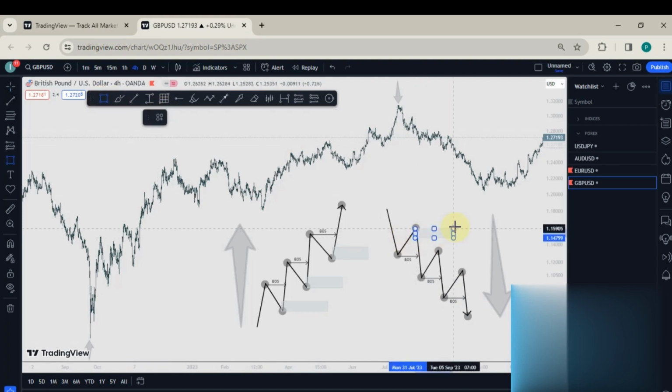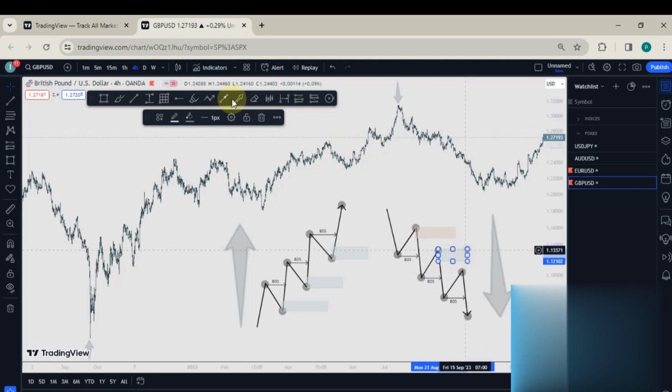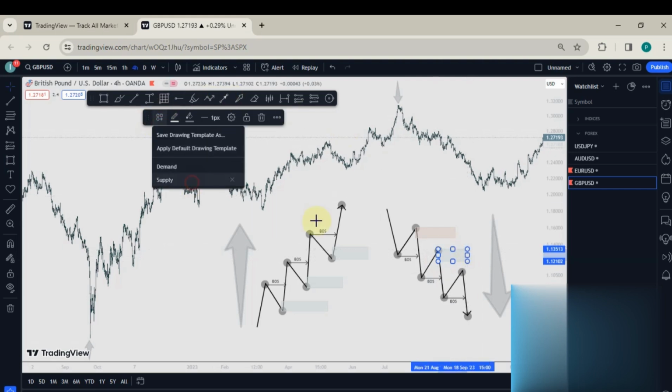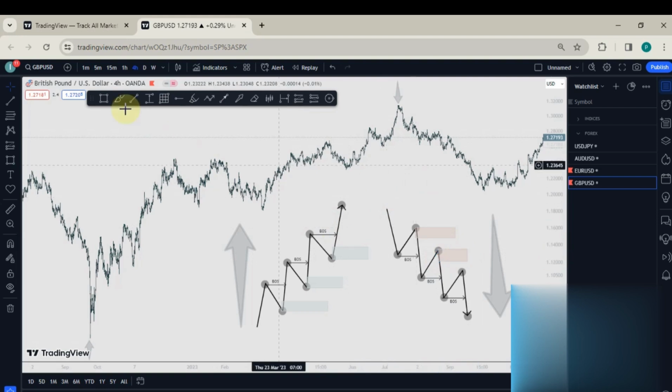As you can see here, this becomes our new supply. This becomes our new supply, which I'm going to indicate in a red box.